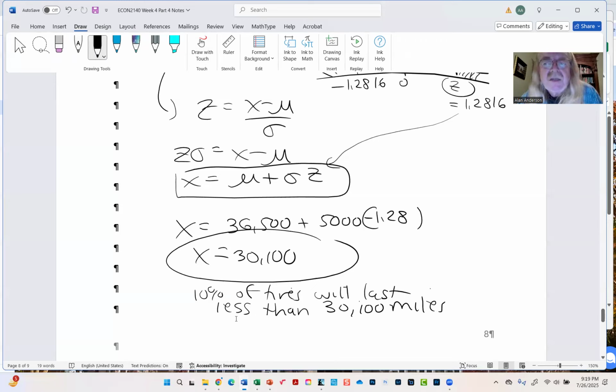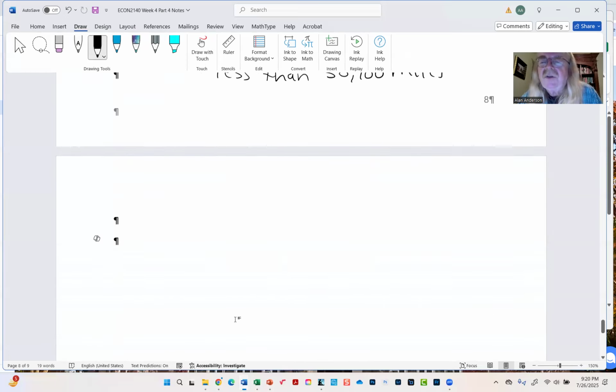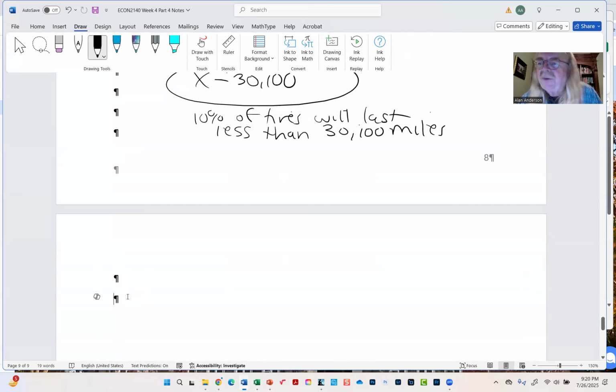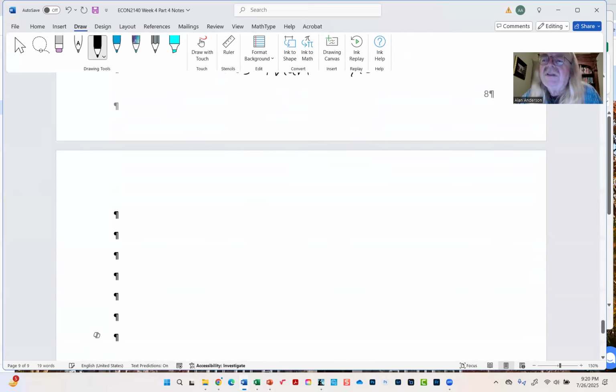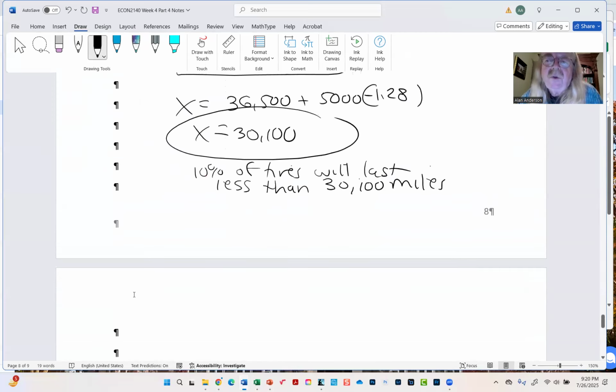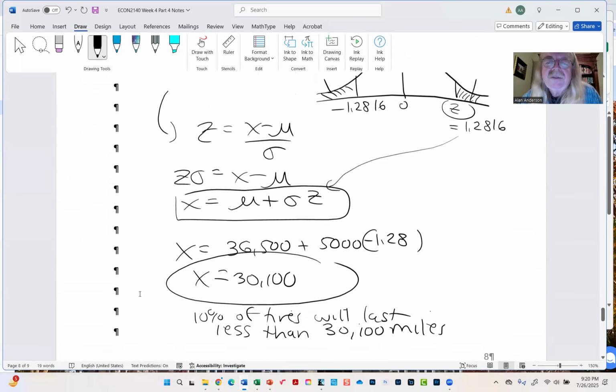That means at most 10% of the customers will bring their tires back to be replaced because they lasted less than 30,100 miles. I guess that won't bankrupt the company. That's their interest in all this. Like, how many tires do we have to replace? We can probably afford 10%. So we'll choose a warranty number of tire miles that will not bankrupt us by only requiring 10% to be replaced.